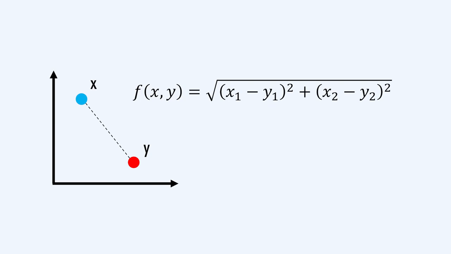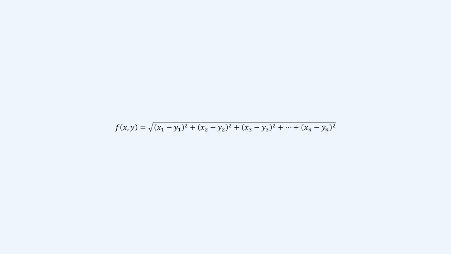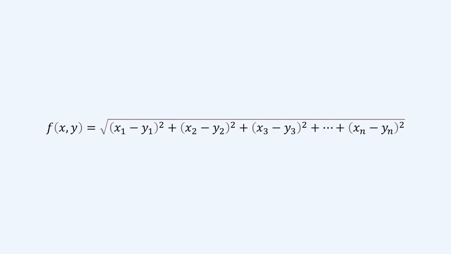Formally, the Euclidean distance is the following formula, assuming we have only two dimensions for vector x and vector y. For other x and y points with more dimensions, let us say n dimensions, the formula complicates a bit, but the idea is the same.